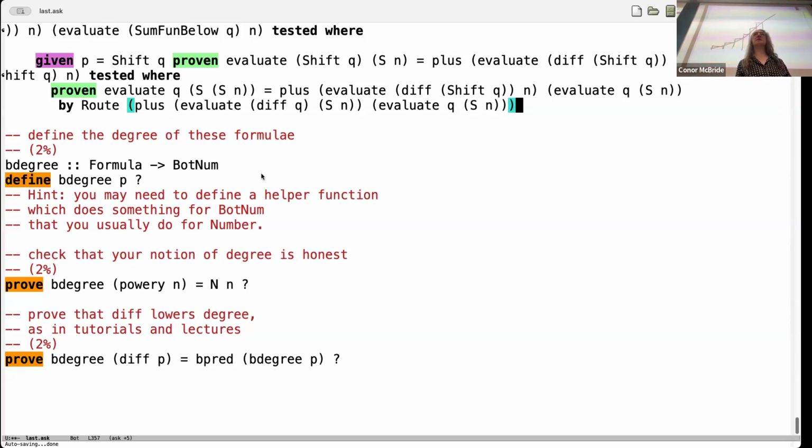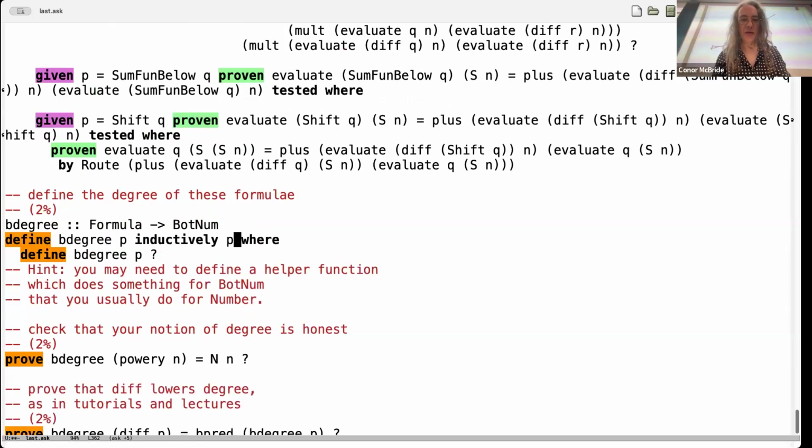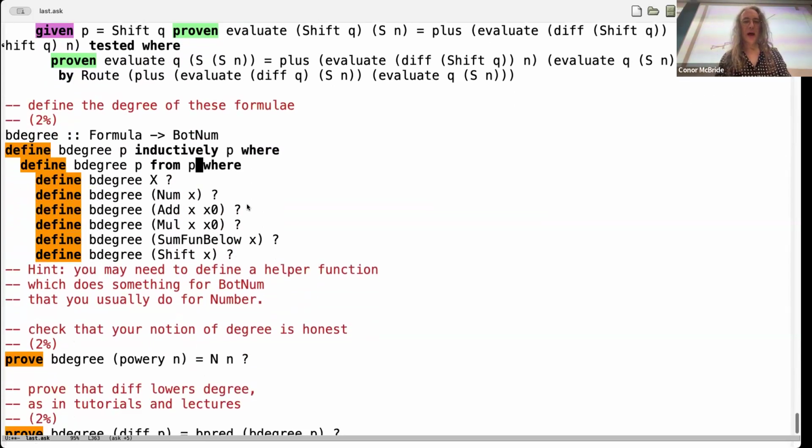So this was done fairly well. This is going to be inductively P. And then from P, for sure. Incidentally, we're going to want to prove this.